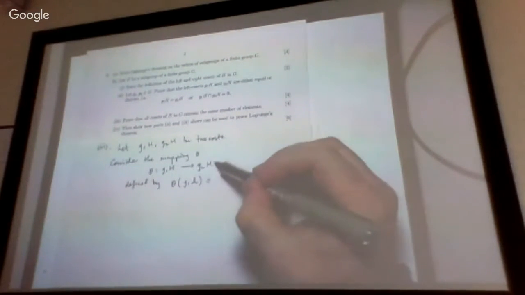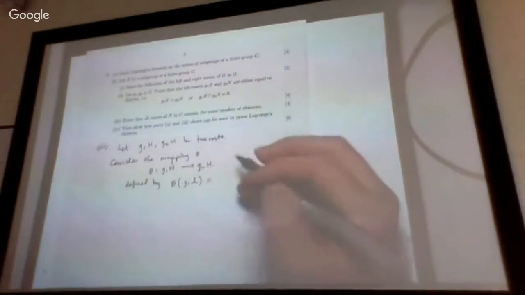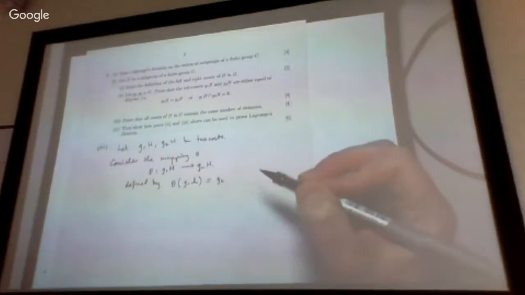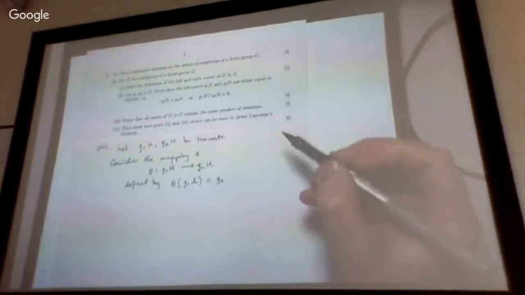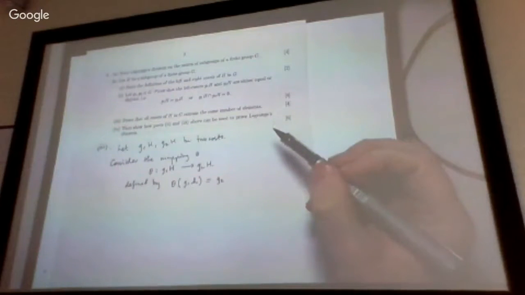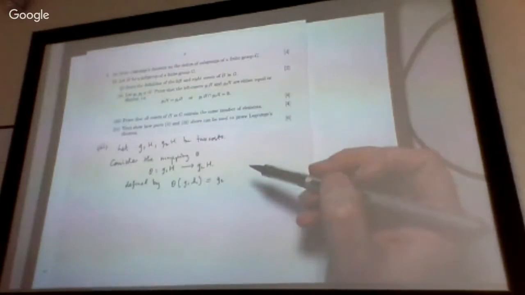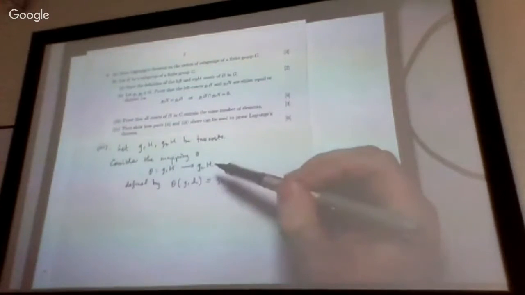It has to be g2 followed by an element of H. Which element of H? Well, you have to say how you get the H anyway. So that's what typical elements look like.